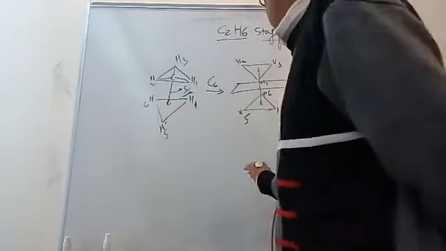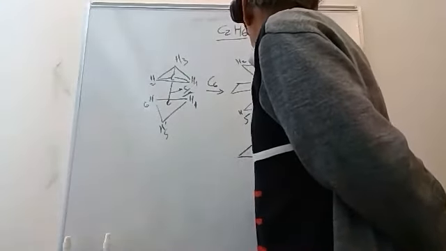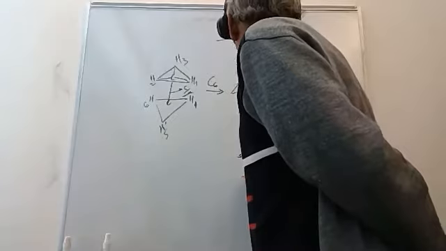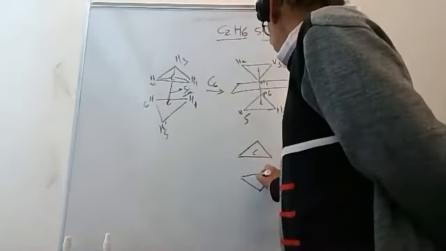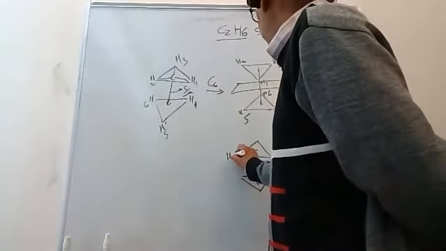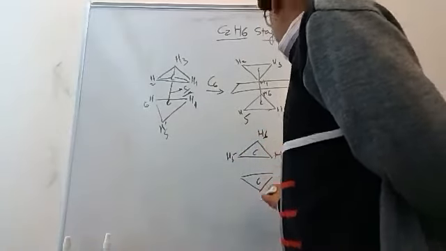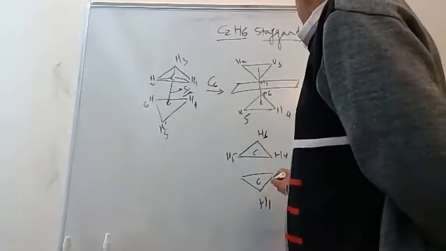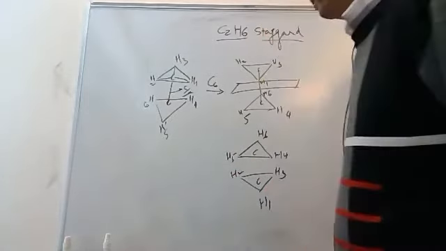So the resulting structure now looks like this, and then this comes down here. And to maintain the labeling, H4, H5, and H6 go up, and H1, H2, and H3 come down.